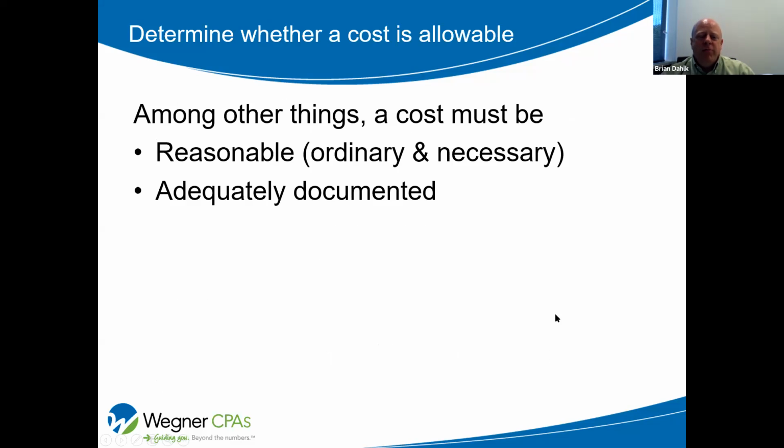One of the important points about allocating costs to federal awards, and probably any governmental award, is that the costs need to be reasonable, and that generally means they must be ordinary and necessary in the context of that nonprofit's business activities, and they must be adequately documented.